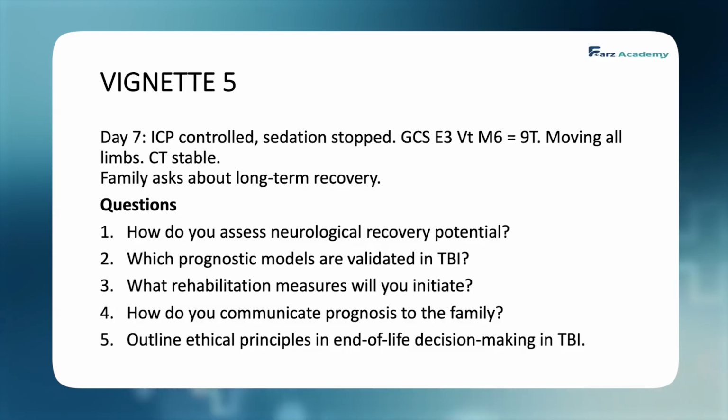They use age, GCS, pupils, CT brain and the physiological changes, and they give you the score, and according to the score there is poor prognosis or good prognosis, and then what rehabilitation measures will you initiate.